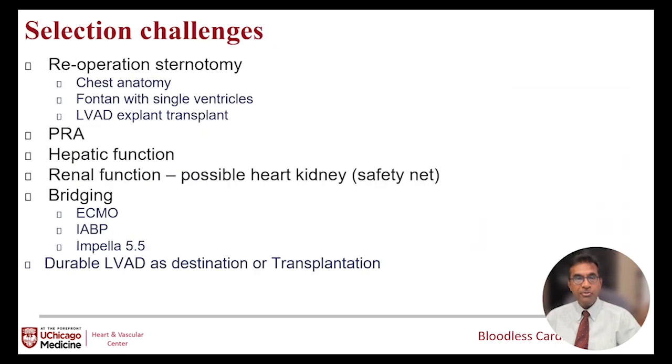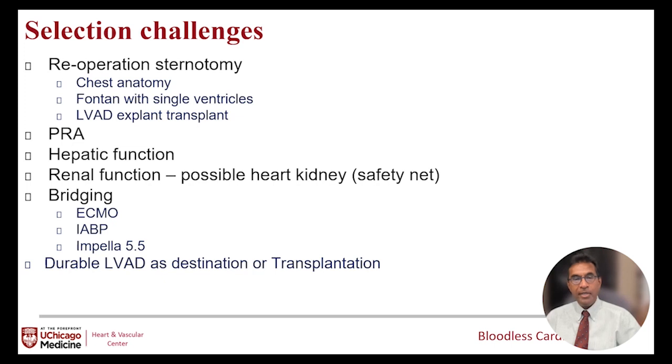In terms of selection challenges, reoperation sternotomies, of course, are a challenge depending on where the structures are underneath the sternum. But particular situations where we may actually not offer this therapy are Fontans with single ventricles. Most of these patients have a lot of right-sided heart failure, liver dysfunction, and multiple operations.